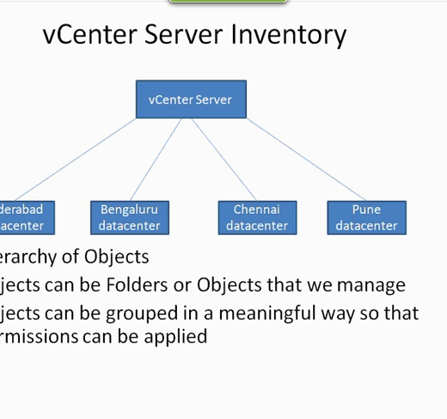Now, there will be different teams managing the Hyderabad servers, Bangalore, Chennai, and Pune servers. So, how can I group them? That's the reason I create these logical containers, like organizational units, called data centers. I will name them with the names of the operations like Hyderabad, Bangalore, Chennai, and Pune. It doesn't mean that they are physically located in 4 different cities.